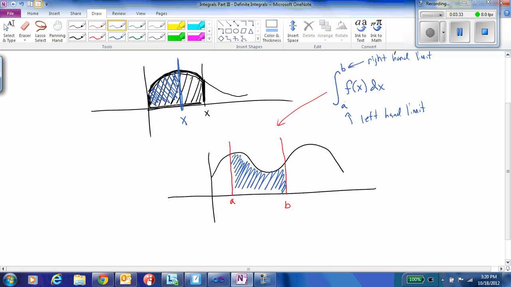This comes from the definition of the regular integral, the indefinite integral that we had been talking about. The value of the integral from a to b of f of x dx is equal to the integral of f of x dx out to b minus the integral of f of x dx out to a.